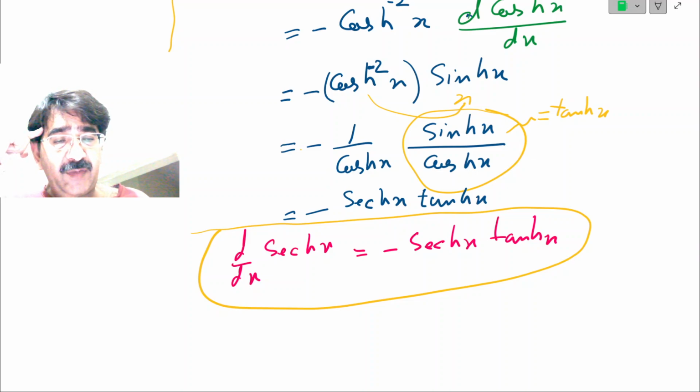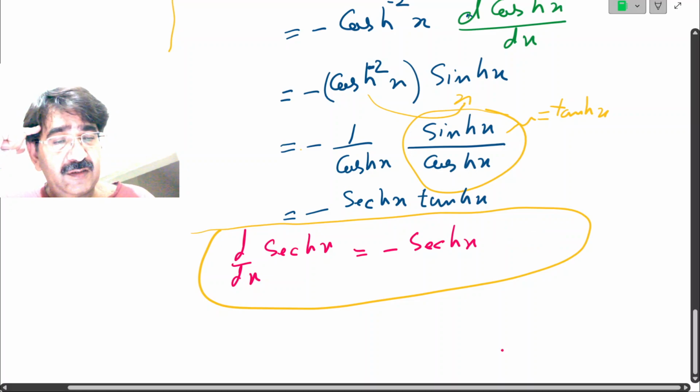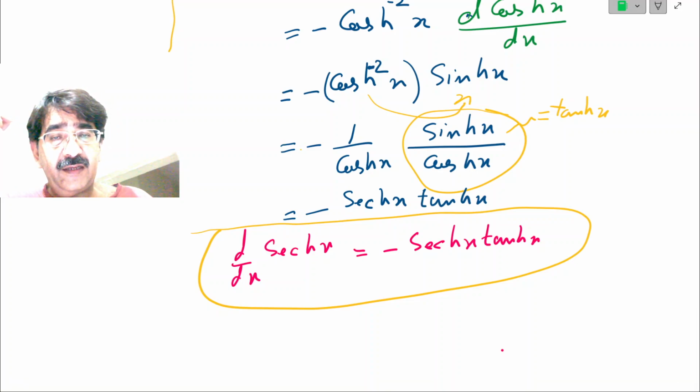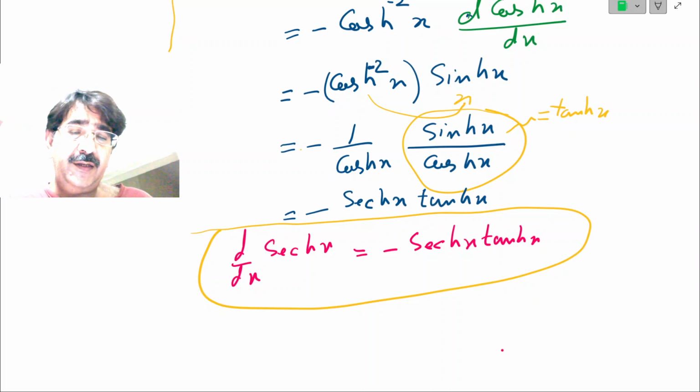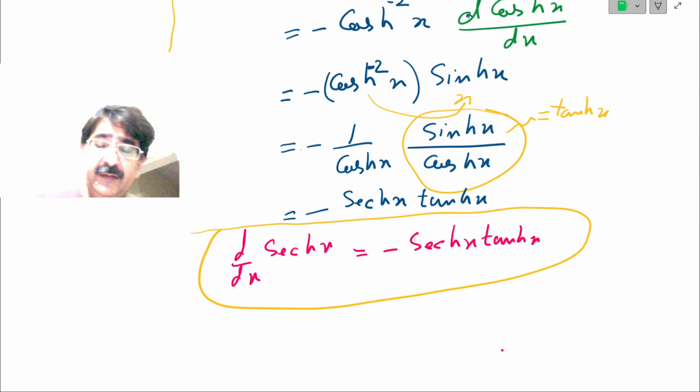In secant hyperbolic x there will be a minus sign, but in simple secant x there is no negative sign.